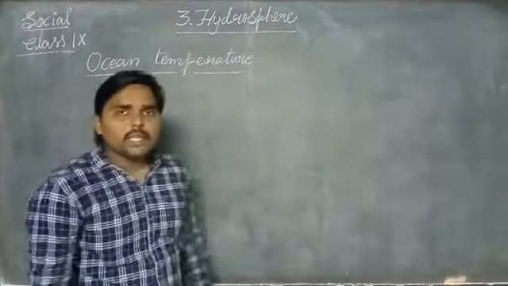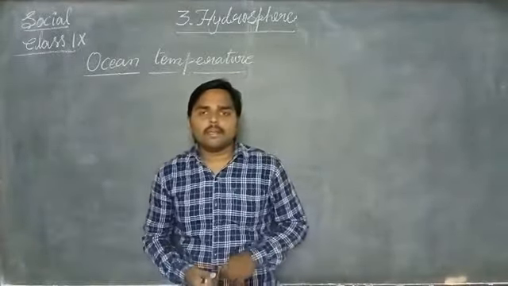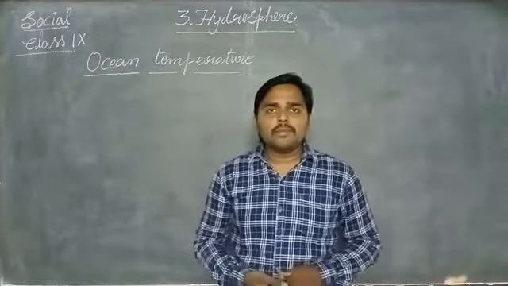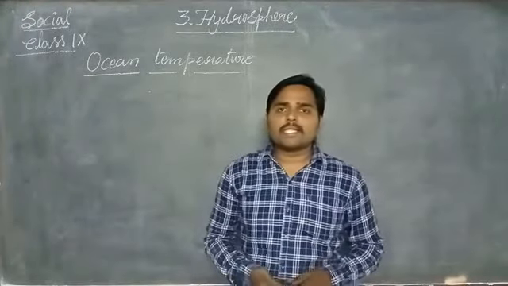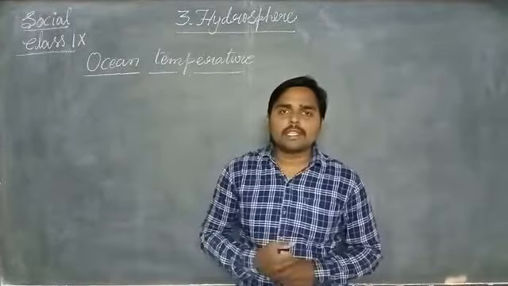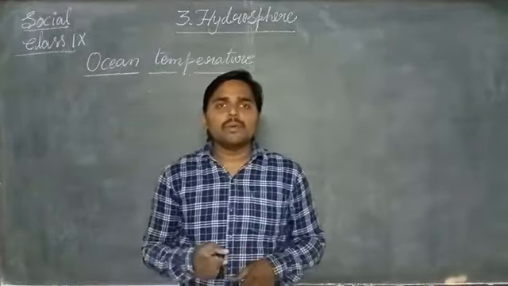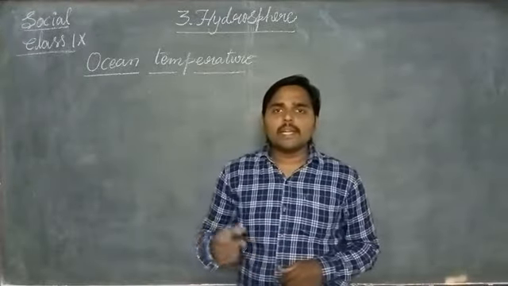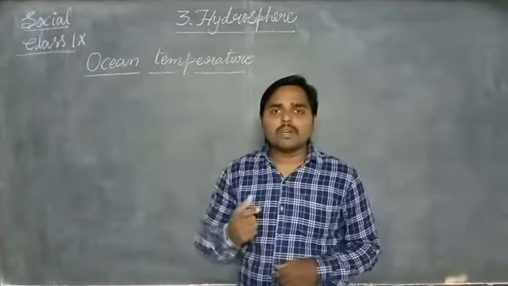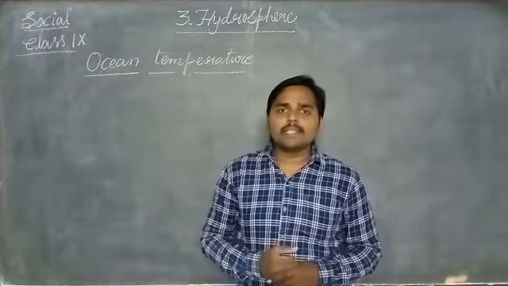Okay, if you see the water and land relationship, land gets heat from the sun quickly, while water does not get heat very quickly and does not lose heat very easily.